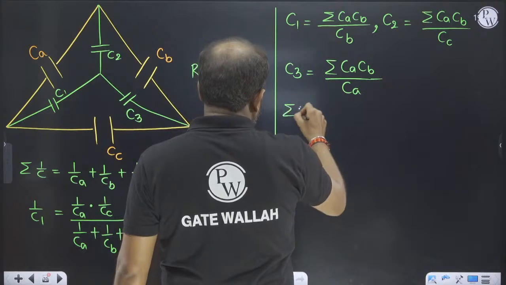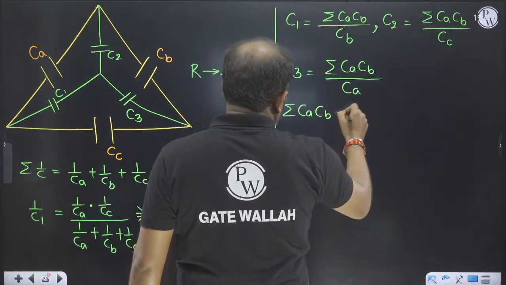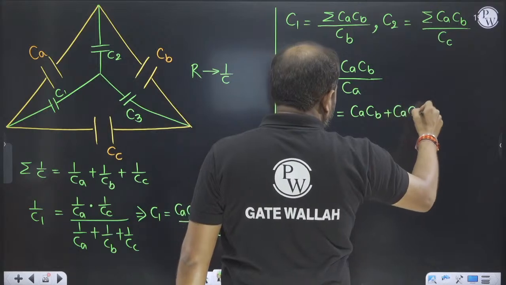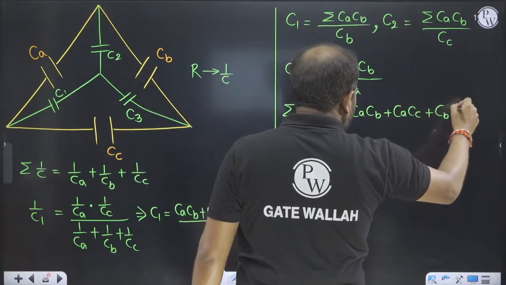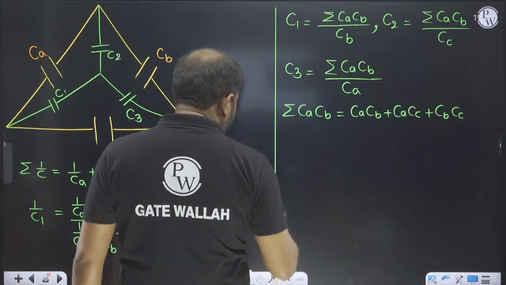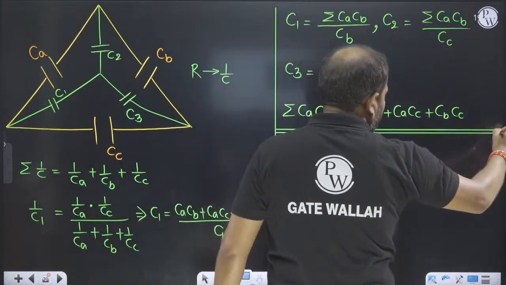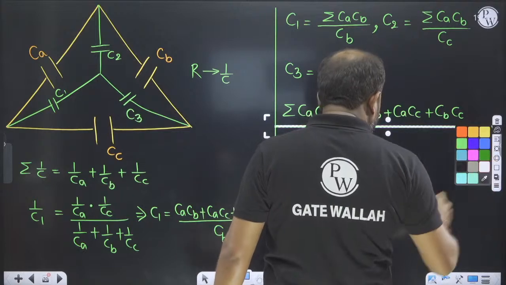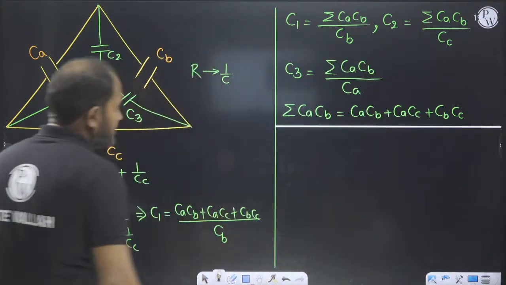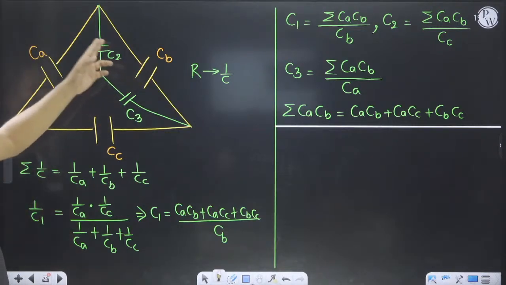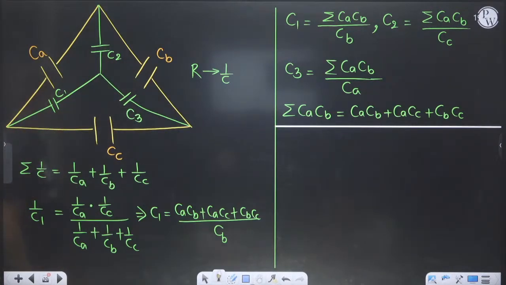Summation of CA CB is equal to CA CB plus CA CC plus CB CC. Yes sir. Next we have, second, how to find CA. For CA, C1 C2, for CB C2 C3, like that.